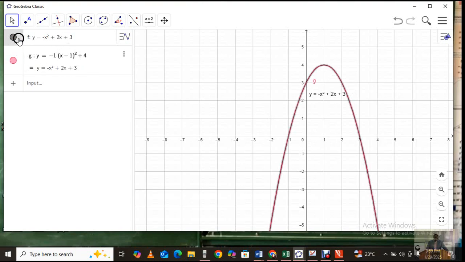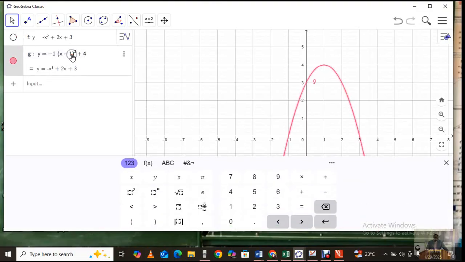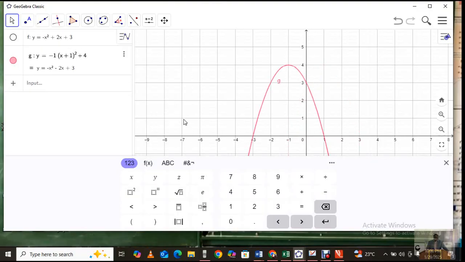Now let me come to vertex form. There's a reason why. And I'll just uncheck. If I change in here and I put a plus 1, okay, plus 1. So you can see what will happen to that graph. You see that now, if I put a plus 1 here, the graph goes to the left.